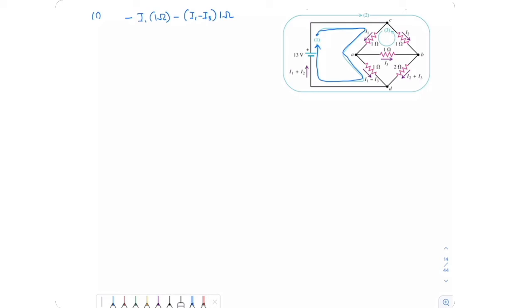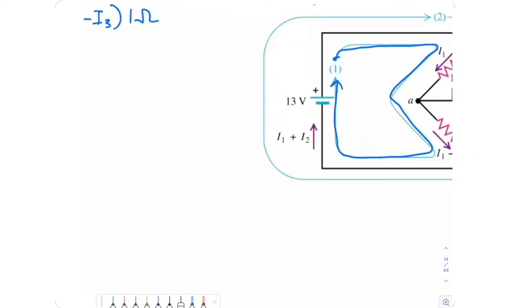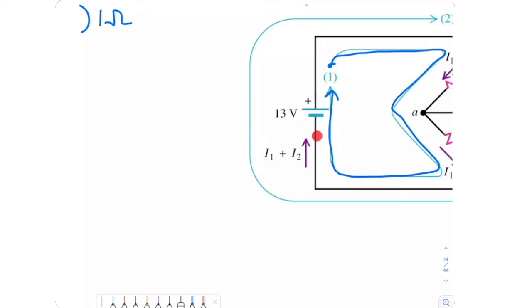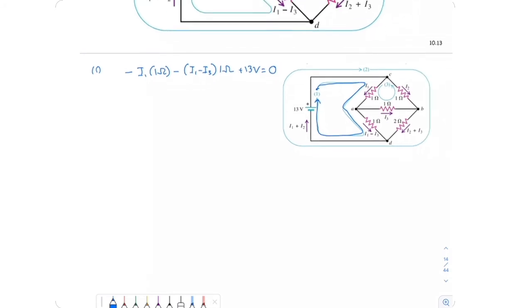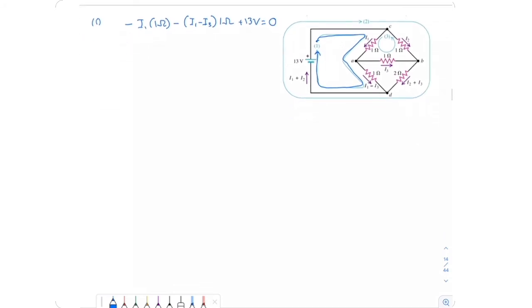What do you think? Is the voltage higher on the top or the bottom? It's higher on the top, so when I go from the bottom to the top, it's a voltage gain. The voltage goes up by 13 volts. And that takes me back to where I started, so I set the sum of all those voltage changes equal to 0.